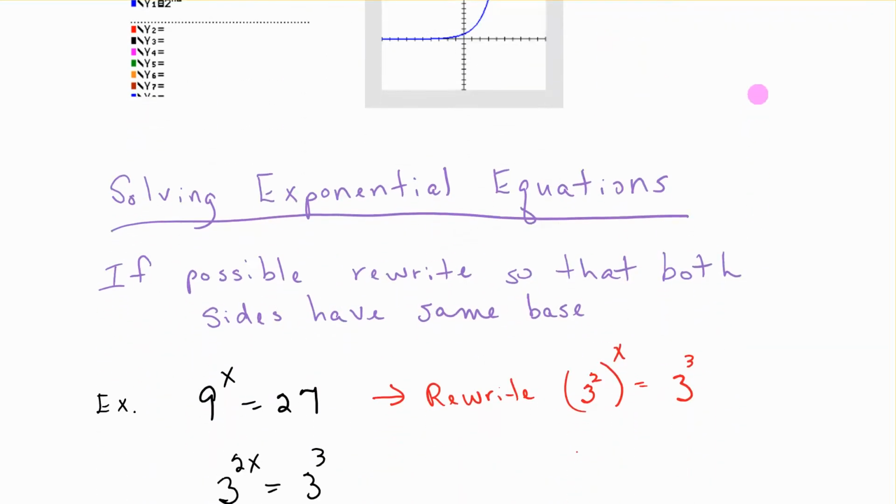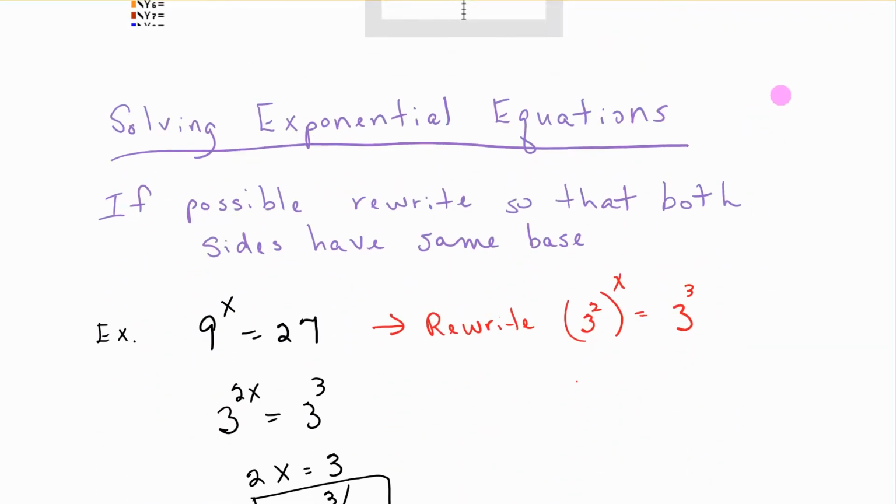If we are solving exponential equations, if possible, we're going to write them so that both sides have the same base. In other words, if we had 9 to the x equals 27, we want to rewrite 9 as 3 squared. Now we've got both bases being 3. We also have to rewrite 27 as 3 cubed.